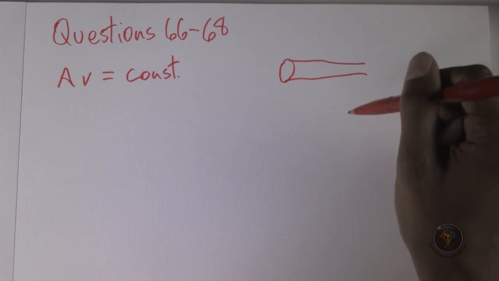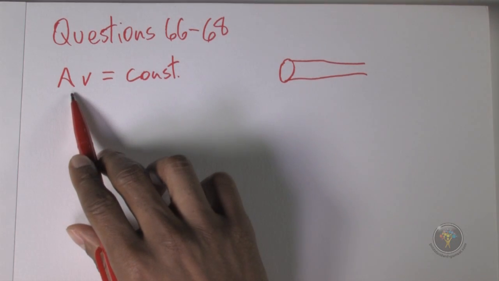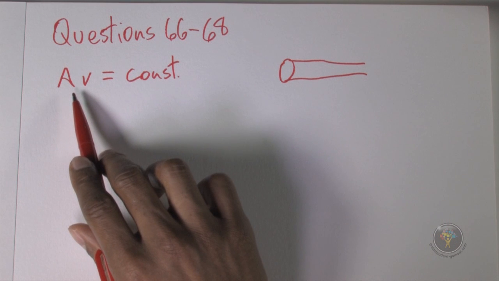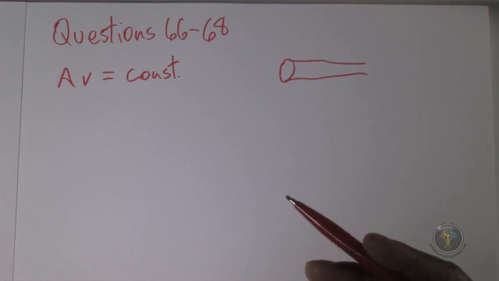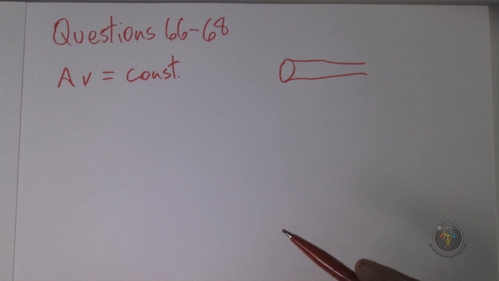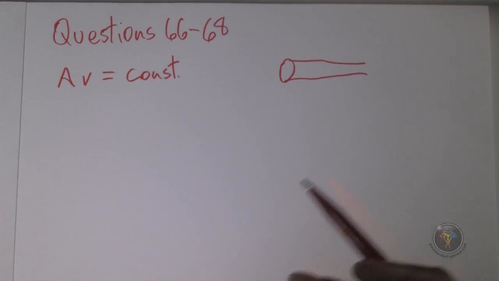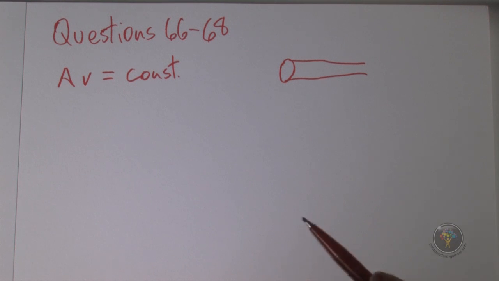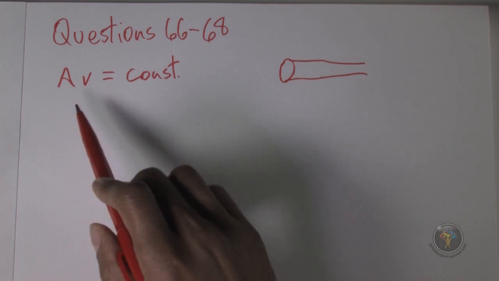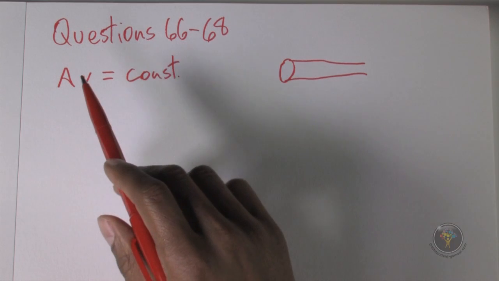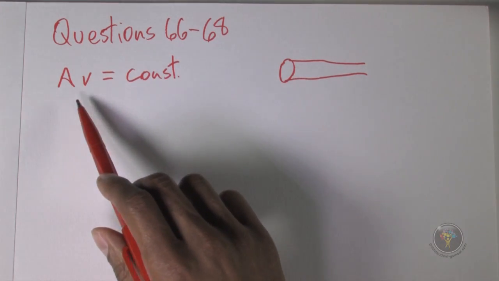This is what a tube looks like, and this is not referring to the same area that you think of when you hear pressure is force per unit area. That's the area of a container, of a table, or whatever. That's force per unit area, pressure. This area is not that at all. This is cross-sectional area.